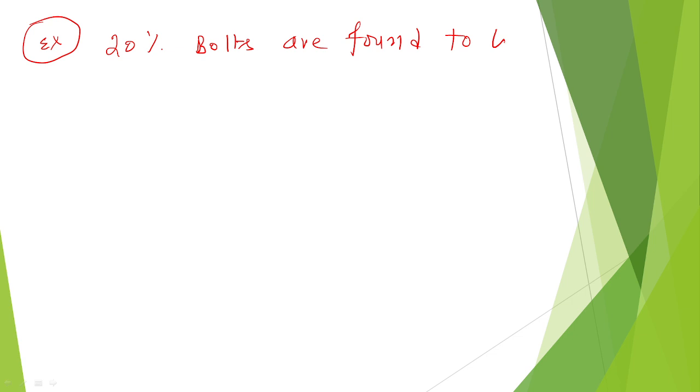So here, consider an experiment: in a factory 20% of bolts are found to be defective. So the defective probability is given, that is 0.2, since 20 by 100 means 0.2.